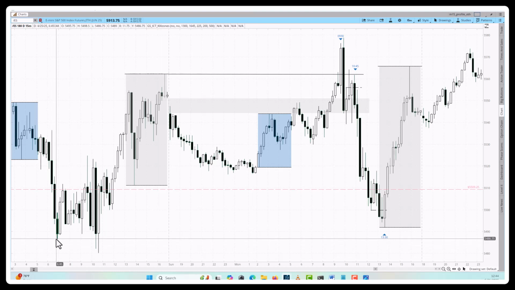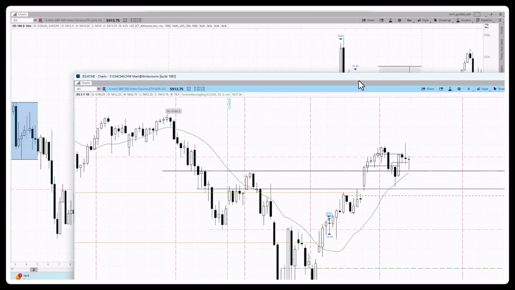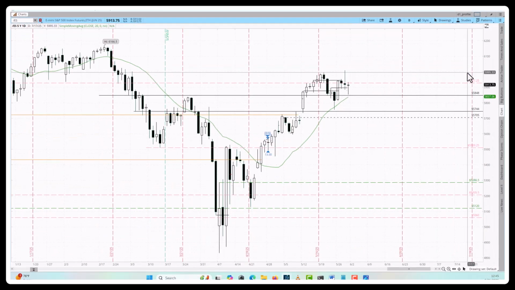It'd be great if it raided the prior day also, but it did not. But keep in mind the level we put on. Oh yeah, if we look at the daily, it's just right here.